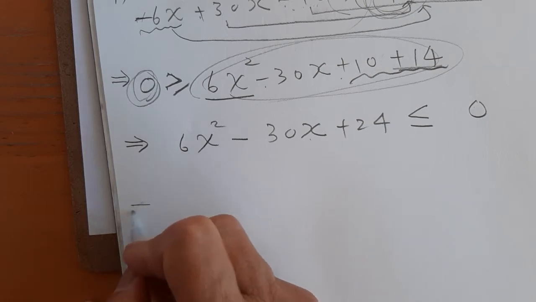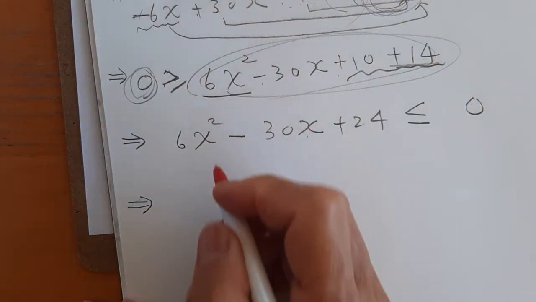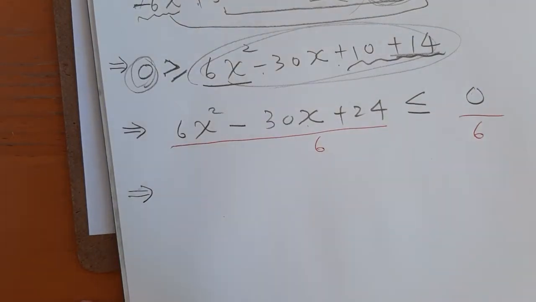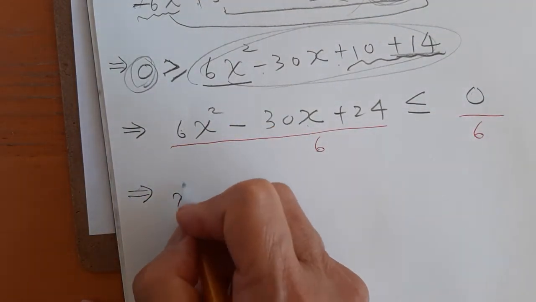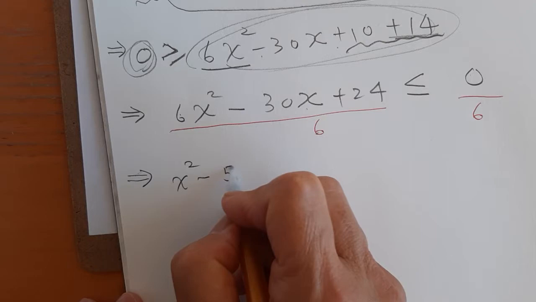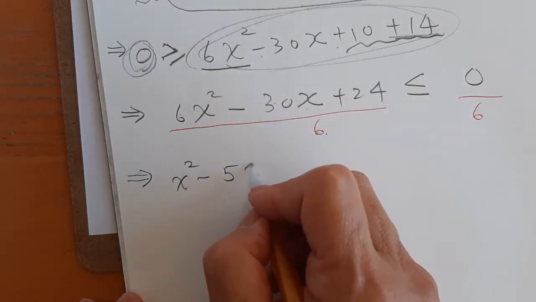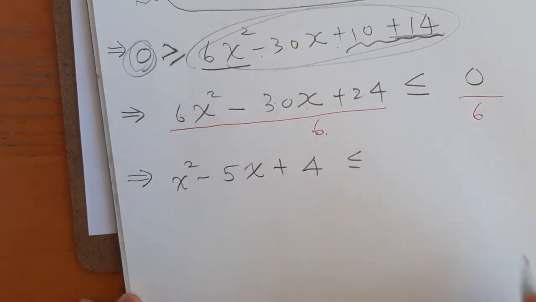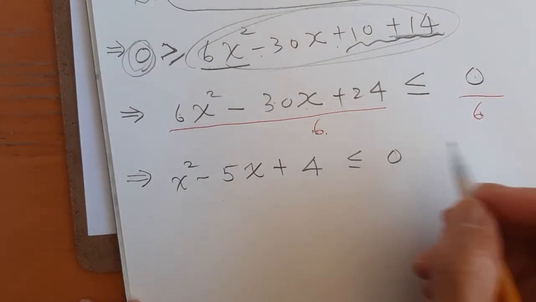Then you cancel the common factor 6. Divide both sides by 6. So x squared minus 30 over 6 is 5x, plus 24 divided by 6 is 4, less than or equal to 0 divided by 6 is 0.